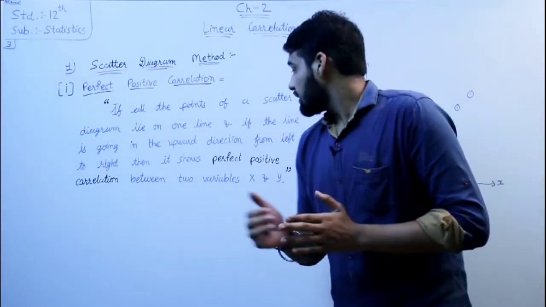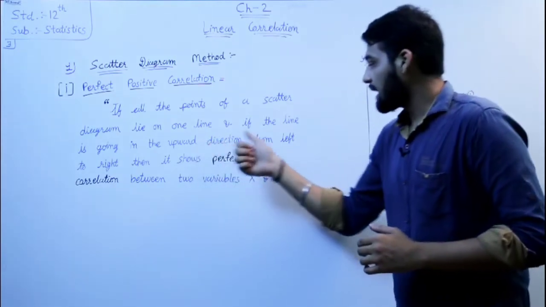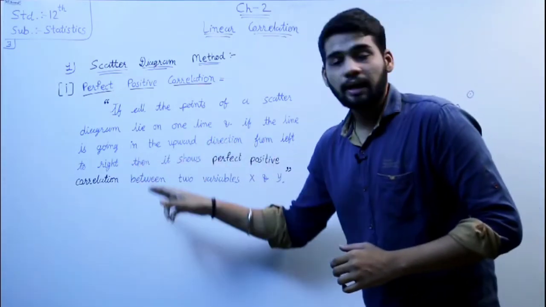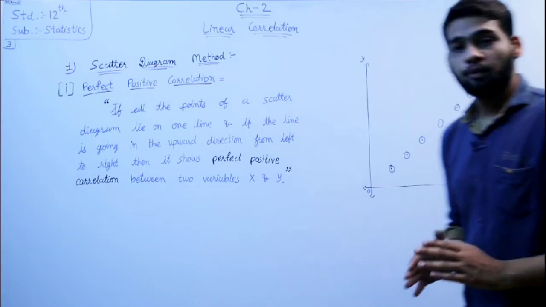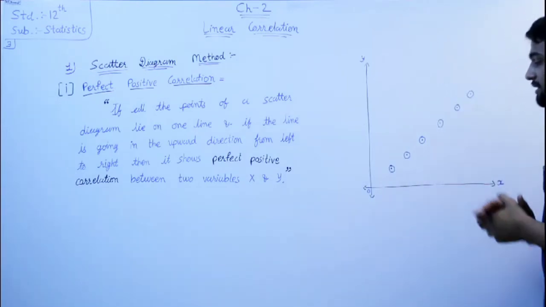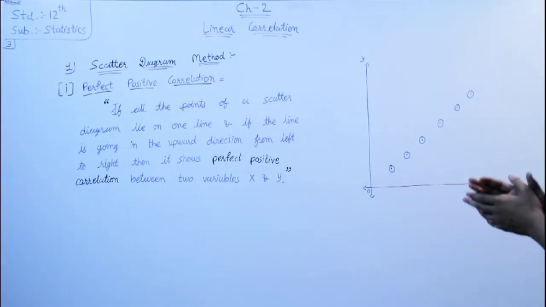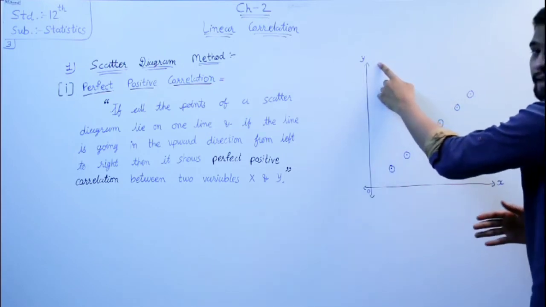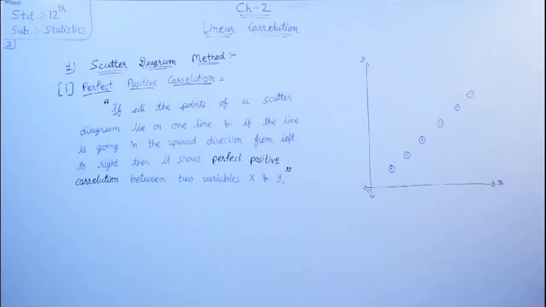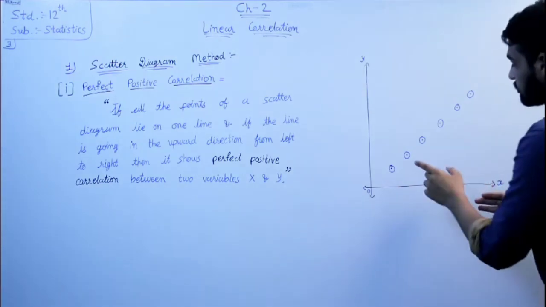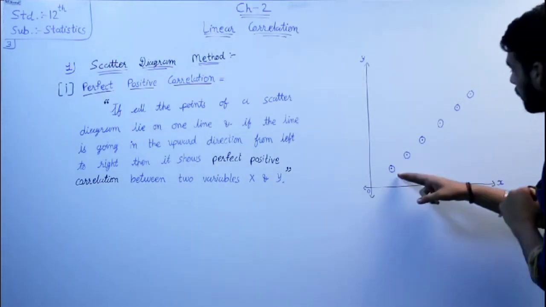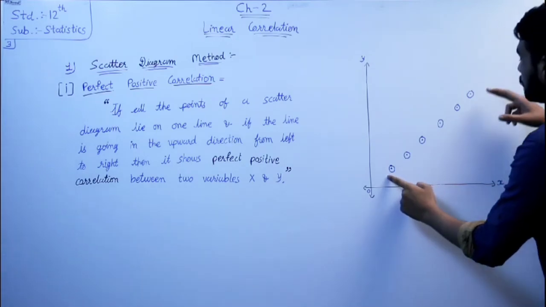The graph's direction is upward from left to right, and it shows perfect positive correlation. Let me understand it by example. Here this one is the y-axis and here the x-axis. Some points are plotted on this graph, and this graph is going upward from left to right.